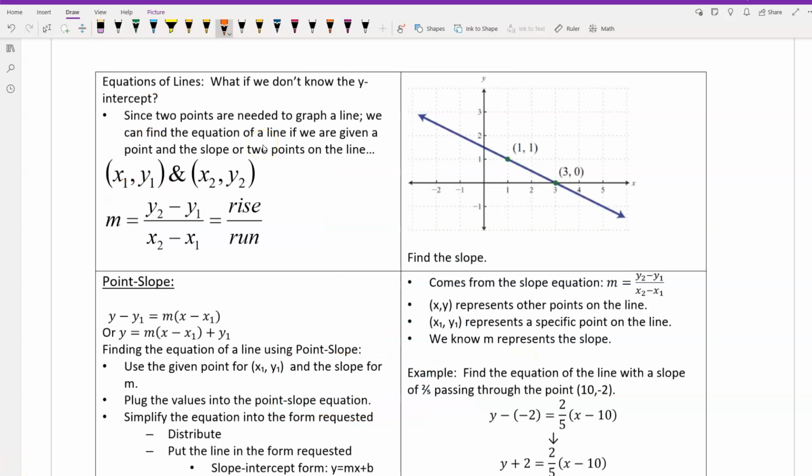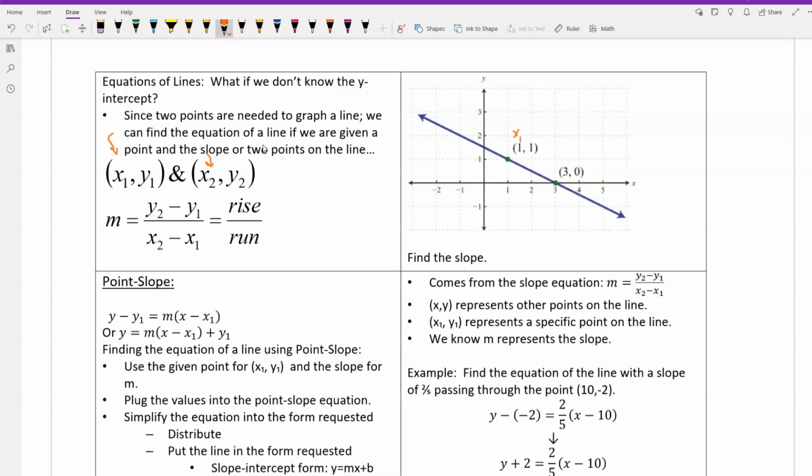Now on the next page, I summarize all that we had. So, equation of lines. What if we don't know the y-intercept? Having 2 points, x1, y1, and x2, y2, first we have to find the slope. And slope is equal to change in y divided by change in x, or rise over run. So here on the right side, finding the slope, we have these 2 points, (1, 1) and (3, 0).